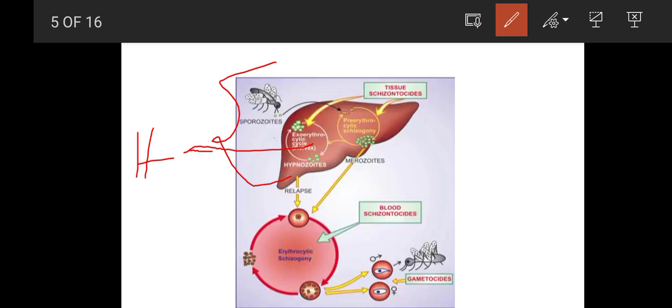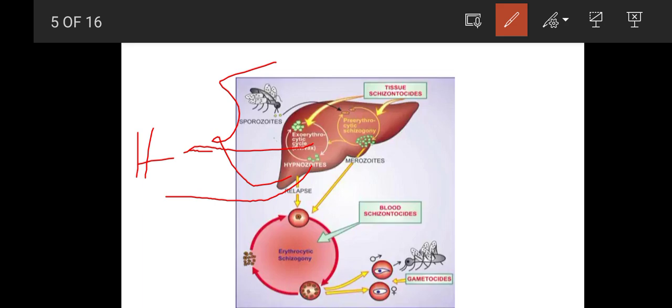So this phase is responsible for relapse. It will cause relapses where the hypnozoites will go back into the red blood cells and start causing malaria after a long period of time. So the fourth, exoerythrocytic stage is responsible for relapses, and this stage is most common with plasmodium vivax.